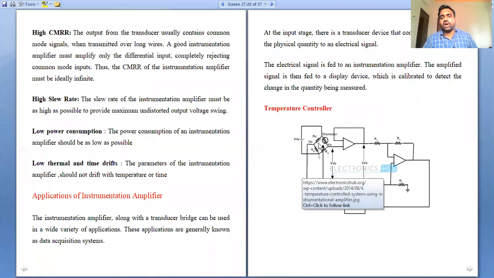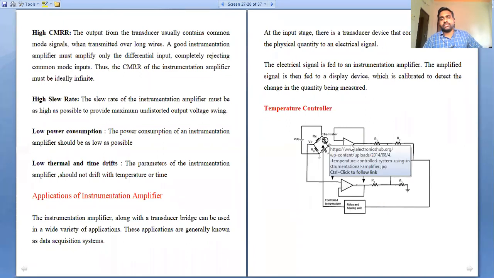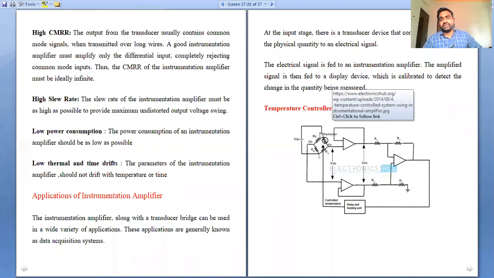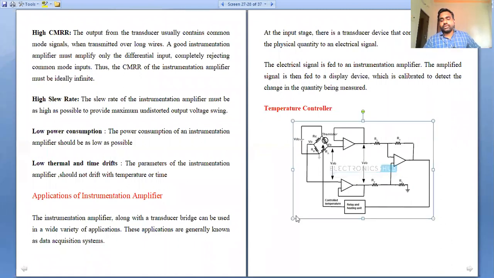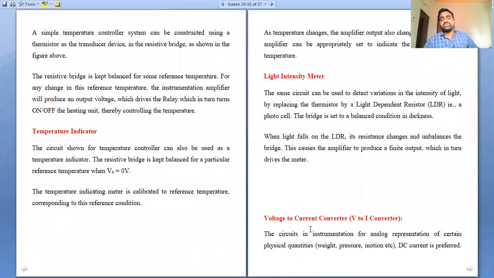When there is a change in light, the balanced bridge becomes unbalanced and sends a voltage signal to the instrumentation amplifier, and we detect the change in light condition with the help of the instrumentation operational amplifier. That is the explanation of the light intensity meter.